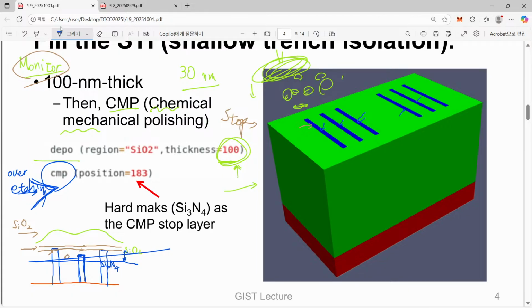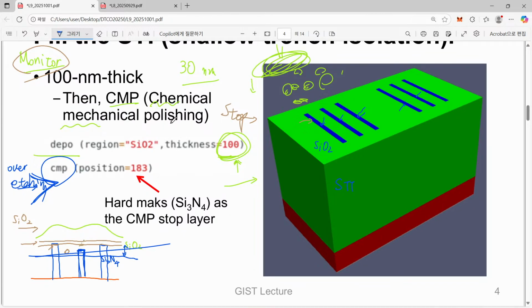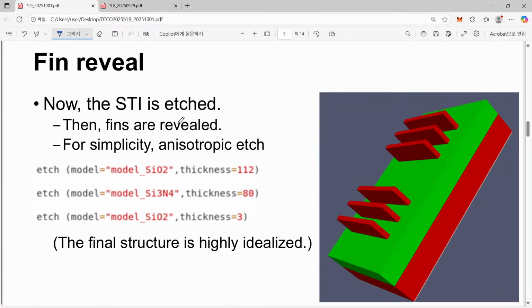Then by using a certain etchant that has quite good selectivity between hard mask, nitride and silicon dioxide, we can keep this one, then remove the overgrown STI quite clearly.